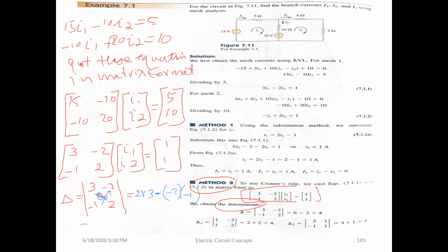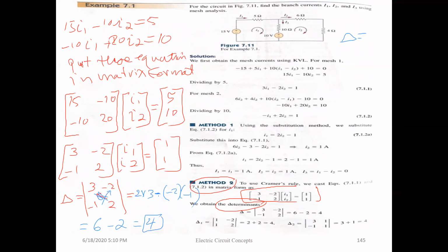So this would be 6 minus, and then minus times minus is a plus, plus times minus is a minus, minus 2, so it will be 4. So we need this value. Let me write down delta is equal to 4.